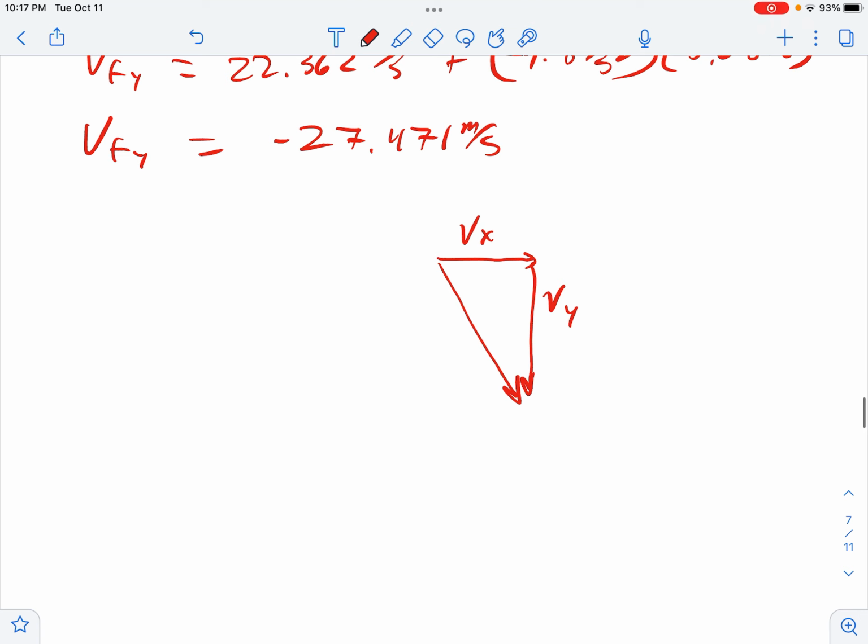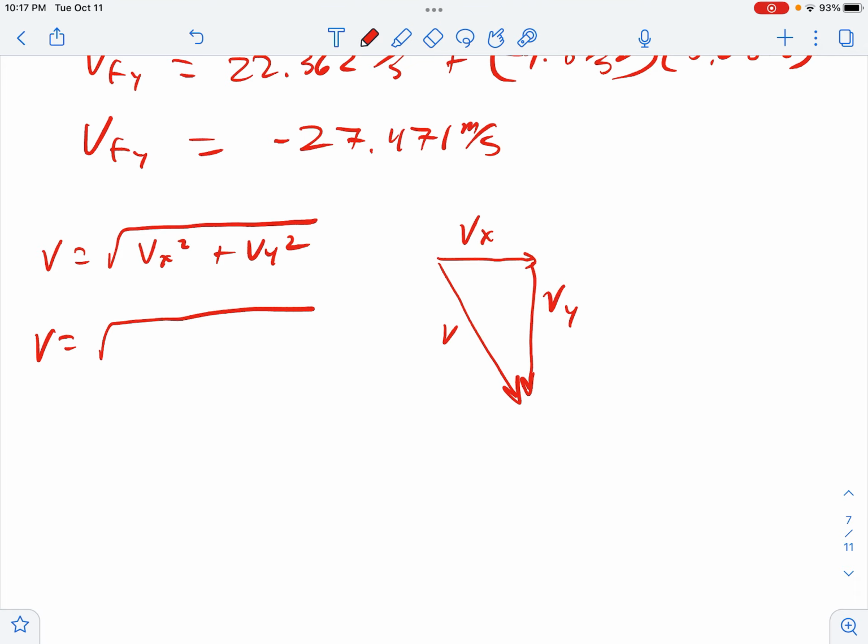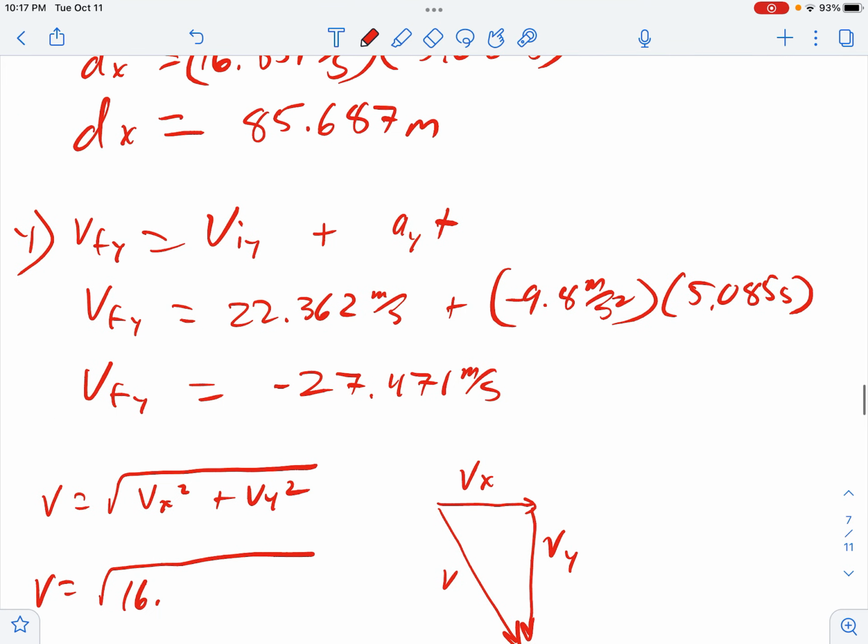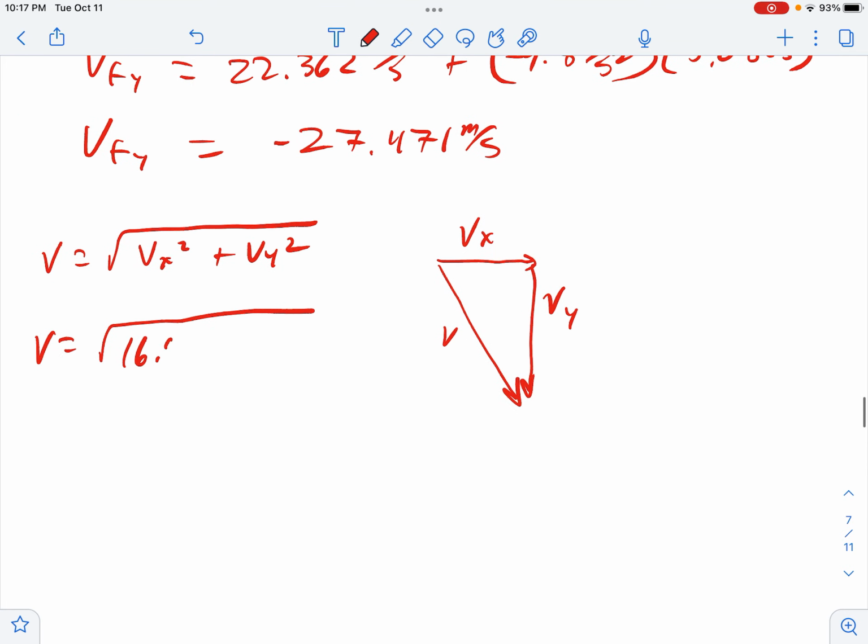All right, if I want to calculate that speed, just like I did before, I'm going to apply the Pythagorean theorem. Vx squared plus Vy squared, square rooted. So I get 16.851 meters per second, plus that vertical, negative 27.471 meters per second.